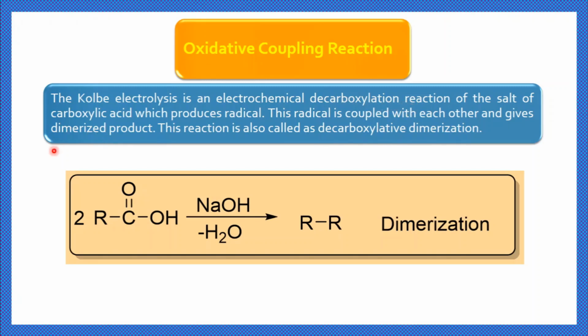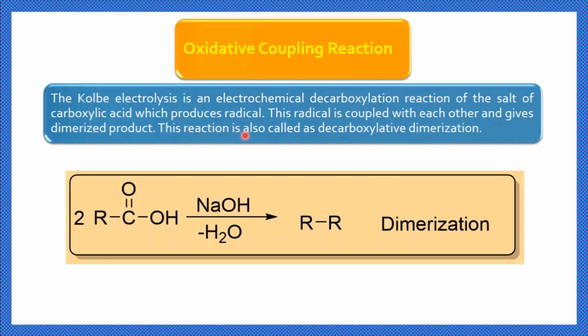It is one of the name reactions, Kolbe electrolysis, an electrochemical decarboxylation reaction of the salt of carboxylic acid, which produces radical. This radical is coupled with each other and gives dimerized product.